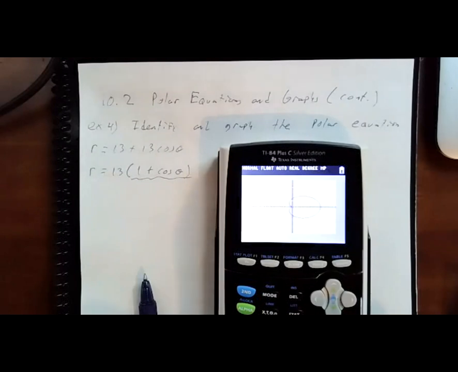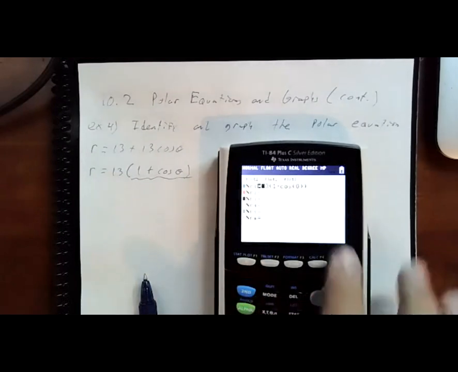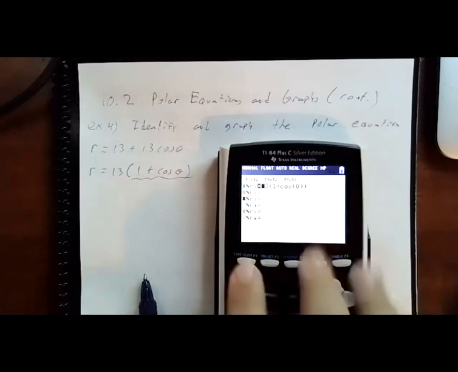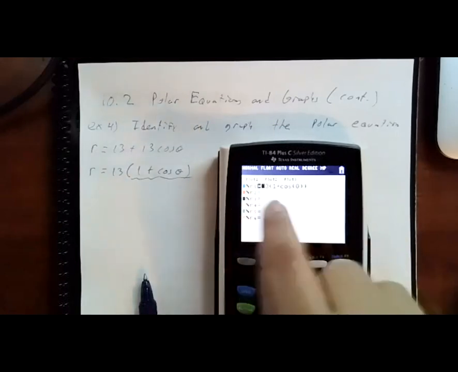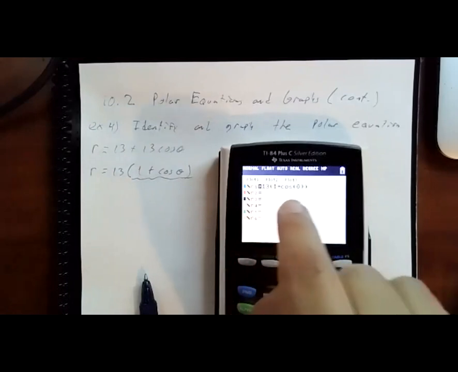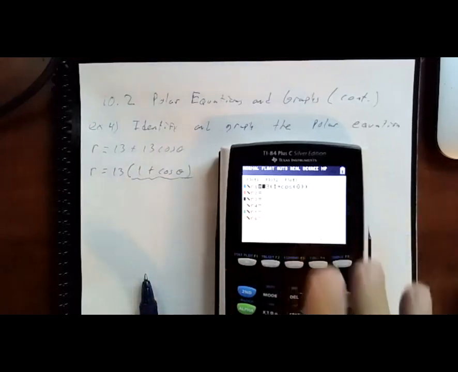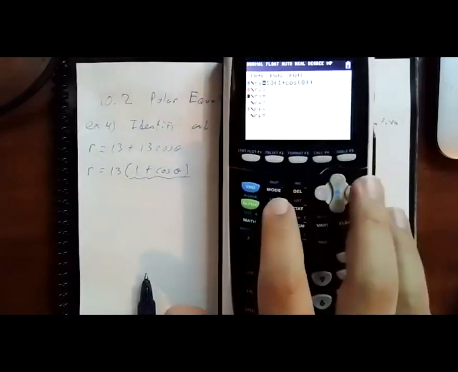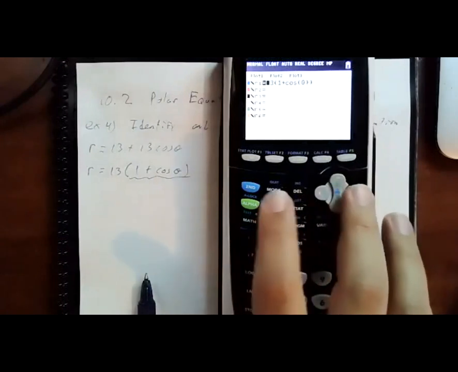All right, so go to... Did you already change it to polar? Yes, I changed it to polar. Okay. Right, so go hit the Y equals again. So type Y equals and you get to this menu, but now it's all R equals instead. Yes. So type in 13 parentheses 1 plus cosine, but when you hit X, it's going to be a theta instead. So earlier before we would hit the X button, right?